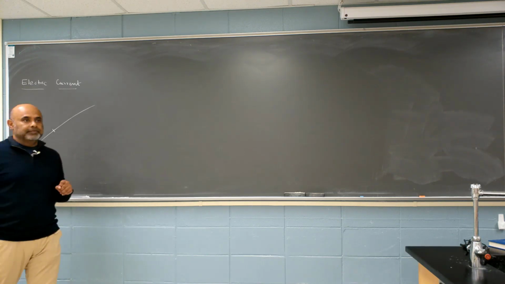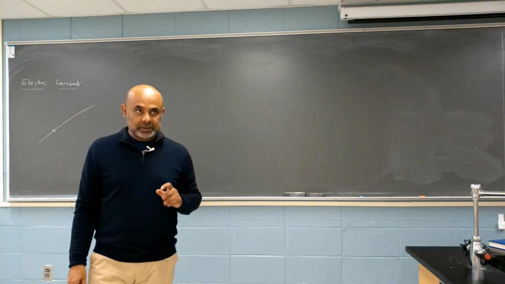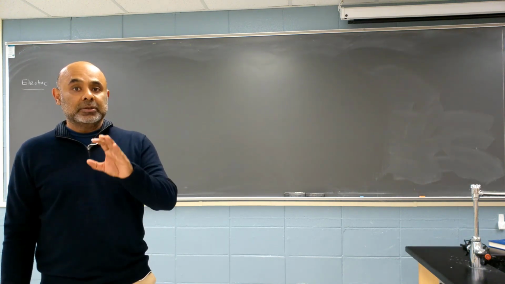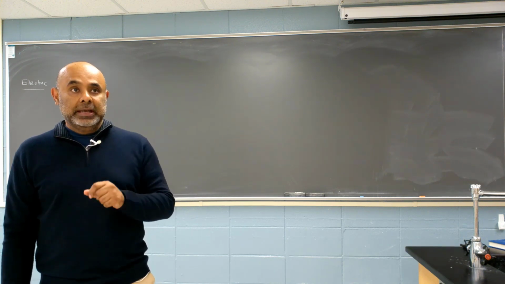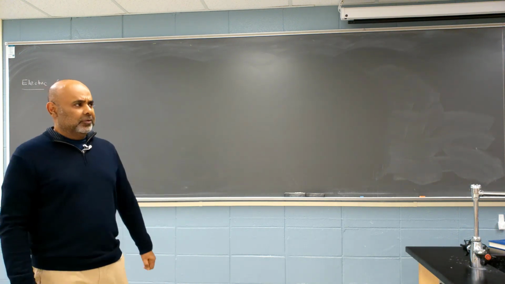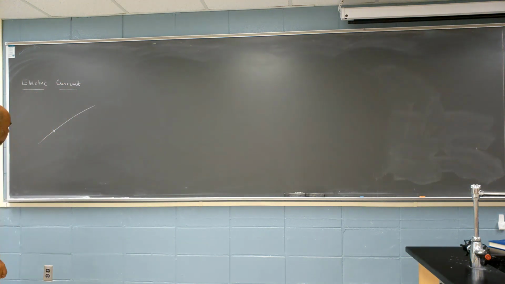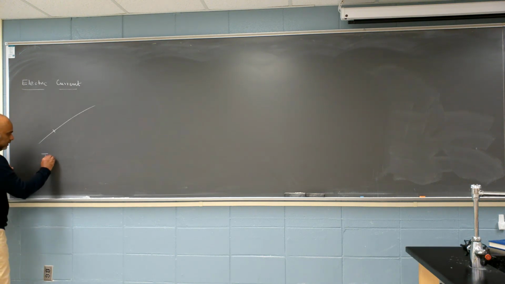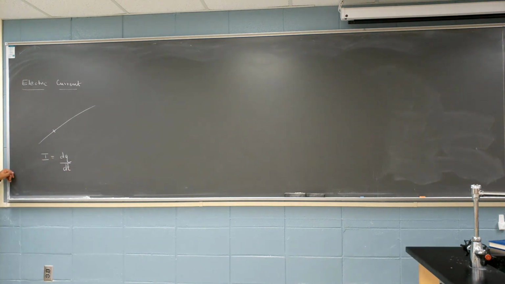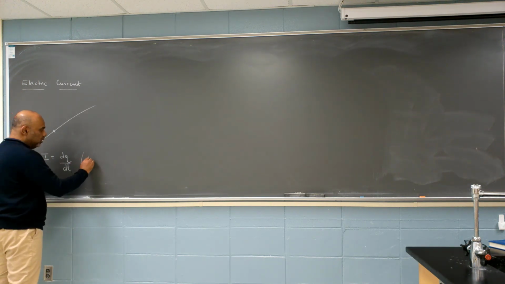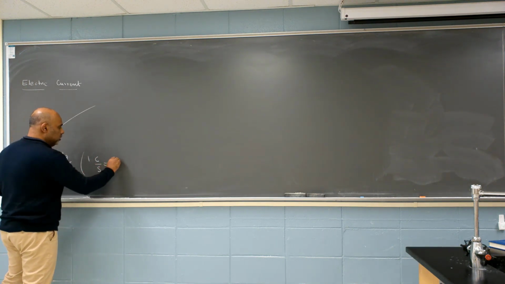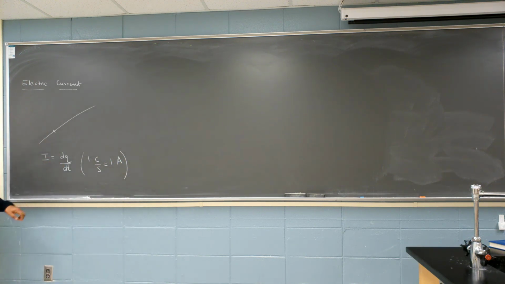Remember, this chapter is magnetostatics, which means it's not quite electrostatics, so charges are free to move. And when charges move, you get an electric current. You're familiar with this from physics 2. Current is defined to be the rate of flow of charge, so it's measured as 1 coulomb per second, which we write as 1 ampere.